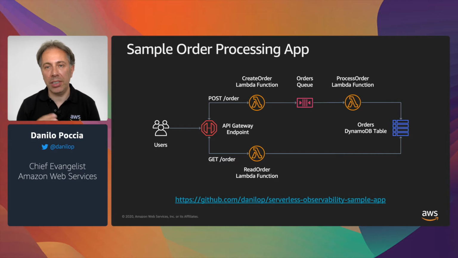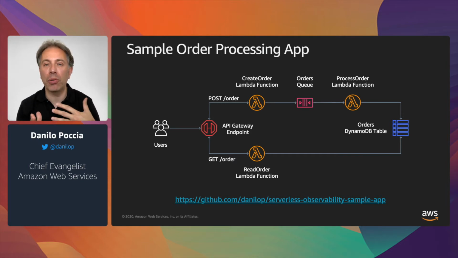When you create an order, I'm just doing a quick syntax check in this first Lambda function, and then I'm writing the order in an SQS queue, and then there is a backend Lambda function that is processing the orders, taking more time. Actually, in this simple demo, it's still fast, but the idea is to reproduce what normally happens with real applications.